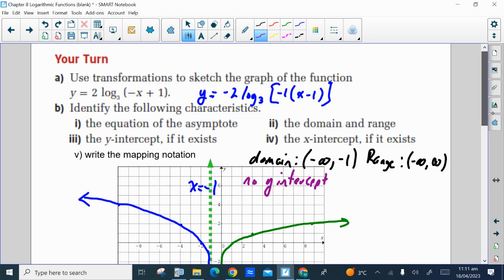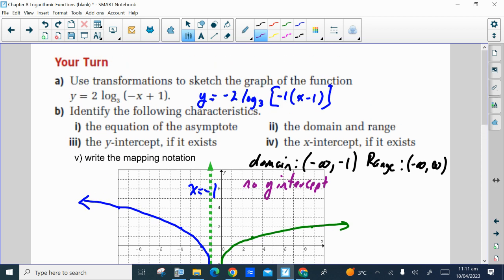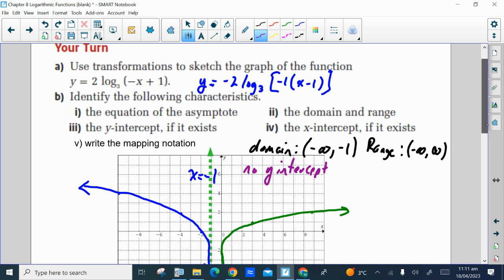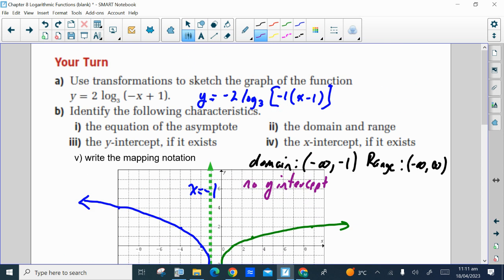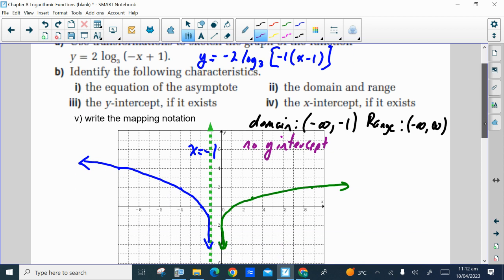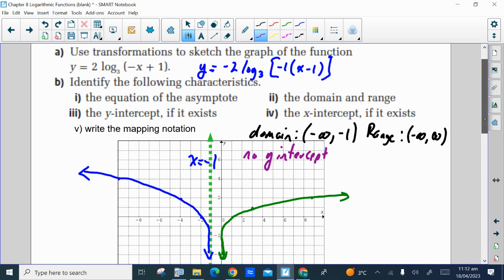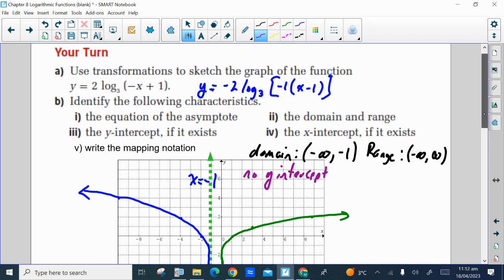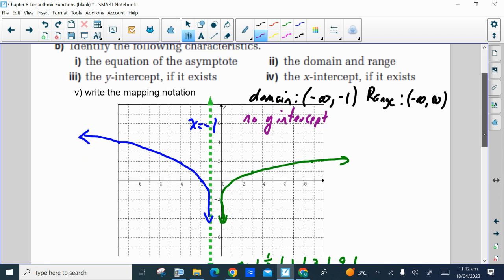Remember, the y-intercept is where x is 0, and if you take the original equation and let x equals 0, it'll be log base 3 of 1 times 2.